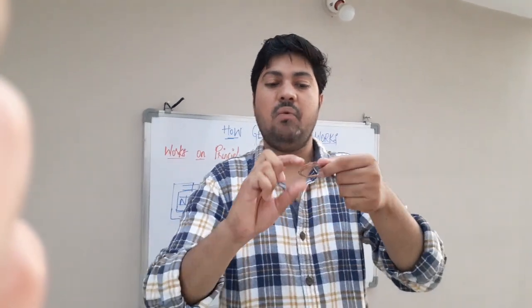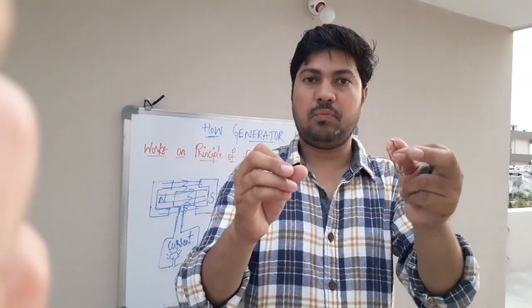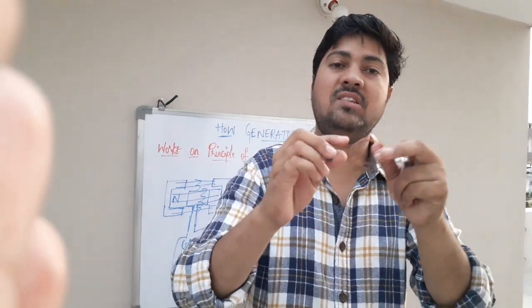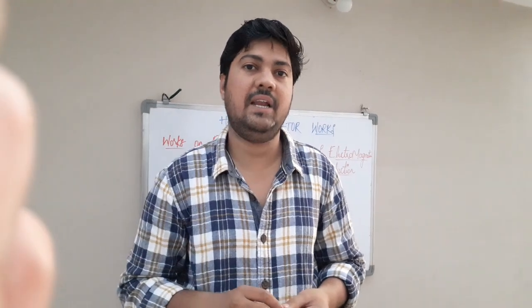It means when you rotate the copper wire between the north pole and south pole, current will be generated in this copper wire. This is called Faraday's law of electromagnetic induction.